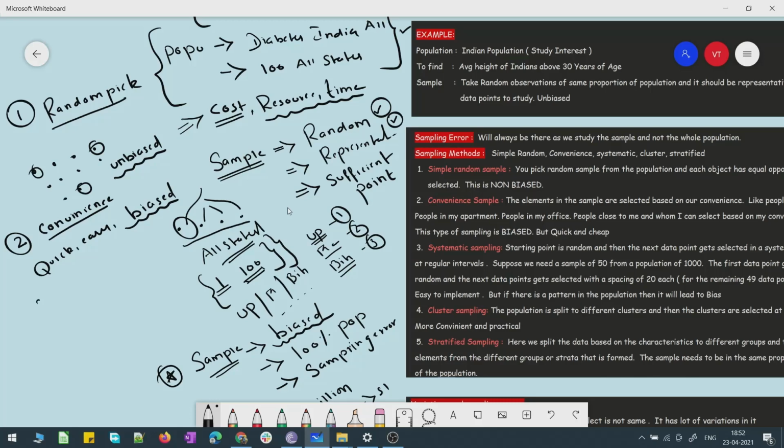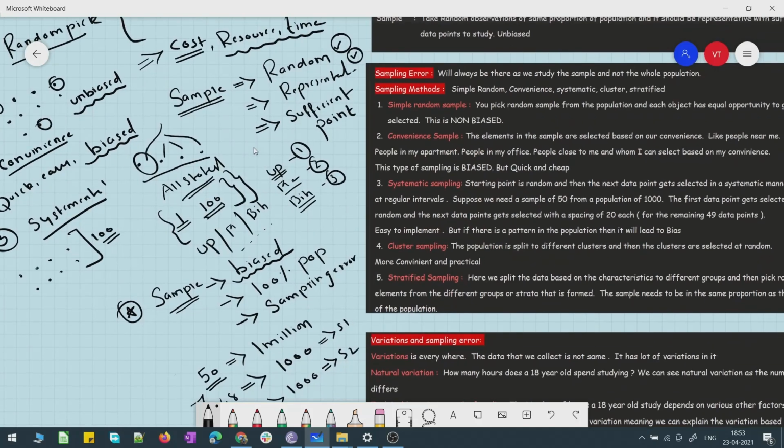And the next thing is going to be systematic sampling. Over here, we are more systematic in forming the sample data set. Let's say I have about 100 data points. That's my population. I need to form a sample of about 20 points.